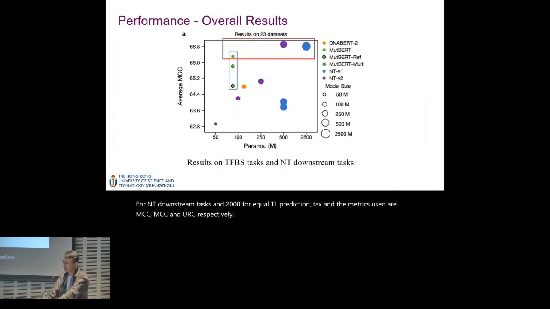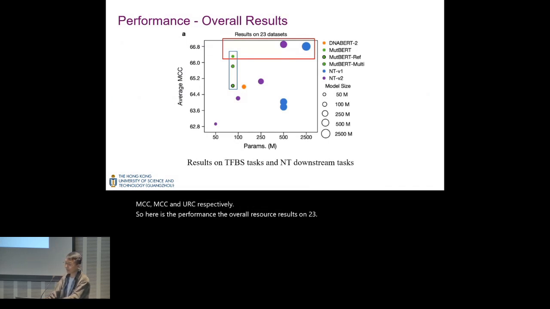So here is the performance, the overall results on 23 data sets. As we can see, MutBERT outperforms most of the models such as DNABERT-2 and most types of Nucleotide Transformer.